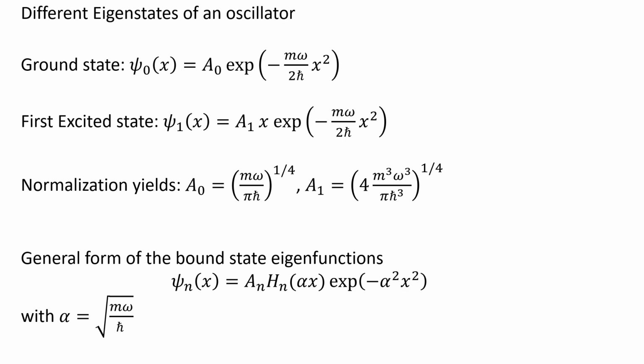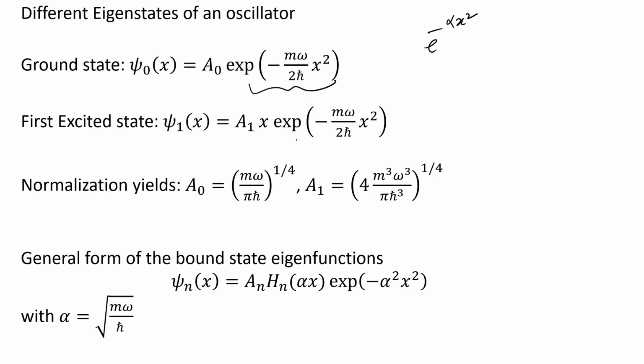So, what are the different eigenstates of this oscillator? The ground state is, for example, written as a constant times a Gaussian. This factor is known as a Gaussian, exponential minus some alpha x square. The first excited state, which is psi 1 of x, we have gone back from the y variable to the x variable, and this is the final form of the eigenstates that we are representing.